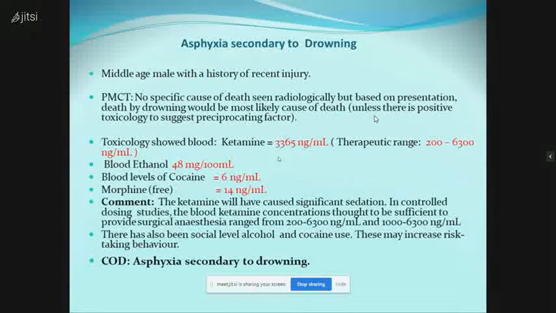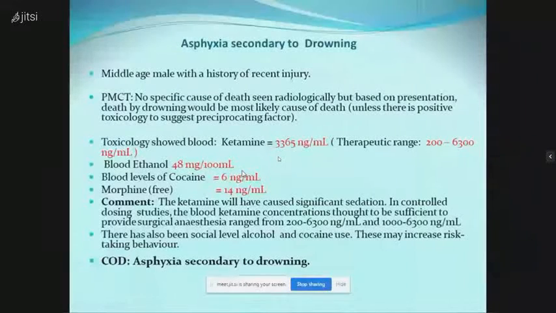to drowning. And here is an example where the ketamine level was 3,365 nanogram, within the therapeutic range, but still it's important. The cocaine level was small, and the morphine level was small.